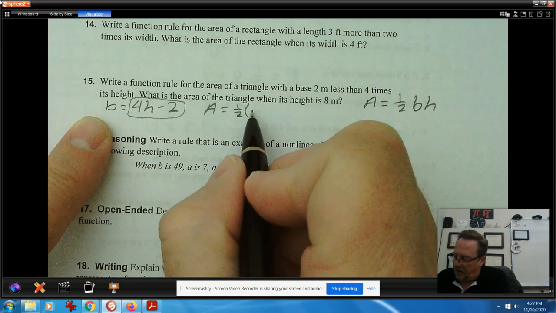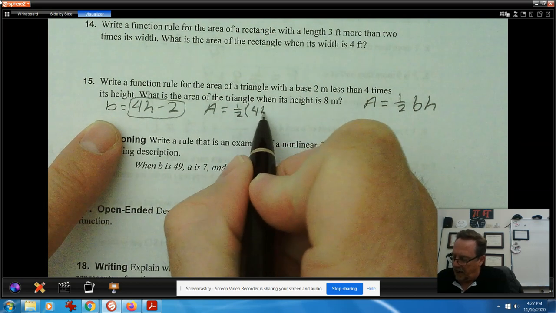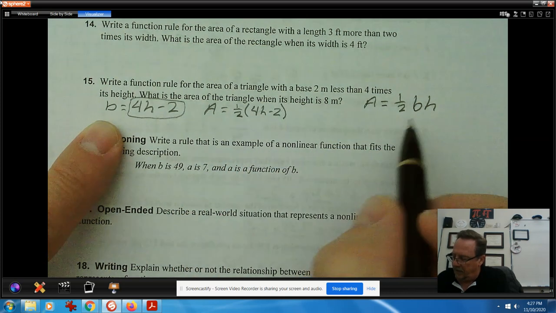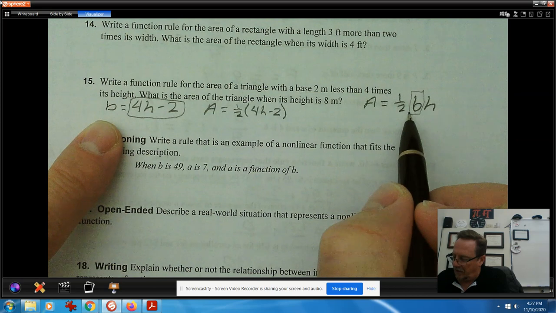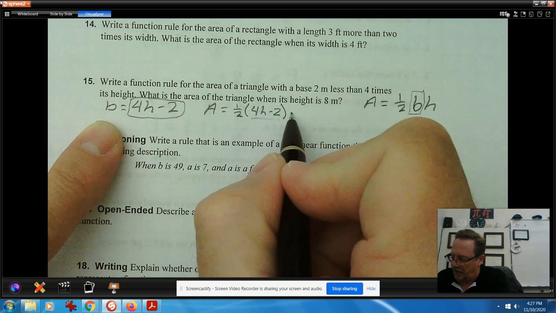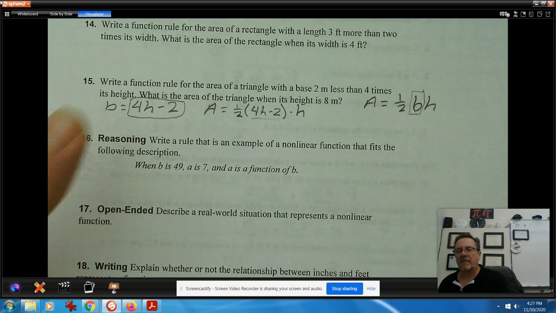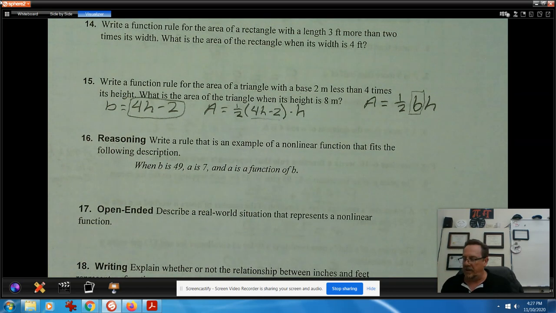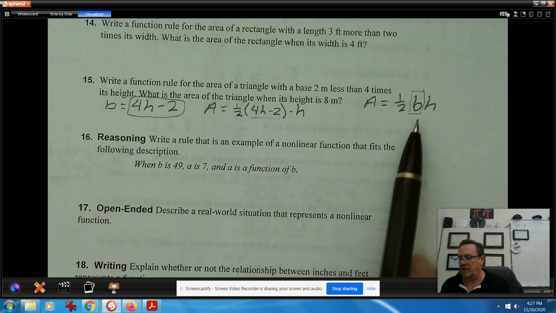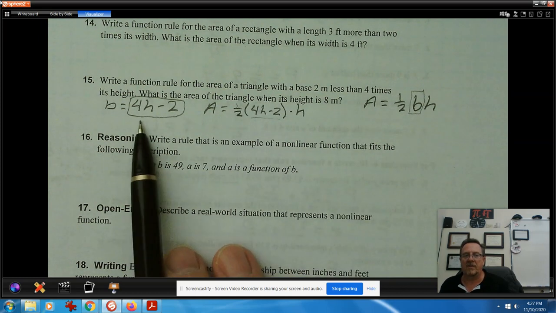So instead of writing b, I could write 4h minus 2. So instead of writing b, I've written this, but I still have to multiply times h there, right? So this really says the area is equal to 1/2 of b times h, just like I wrote here, but I've replaced or substituted in 4h minus 2 for b.